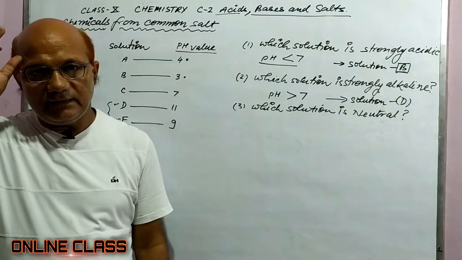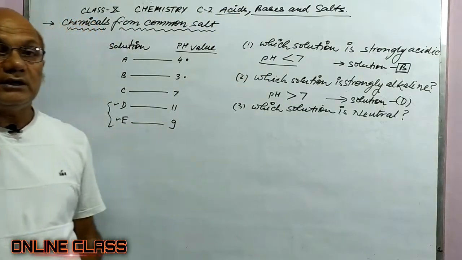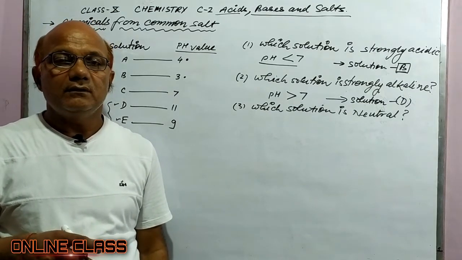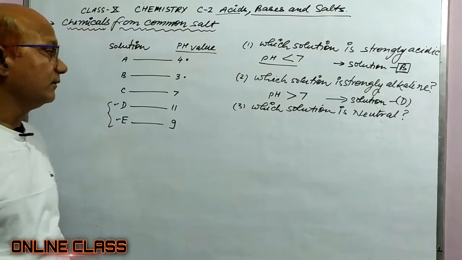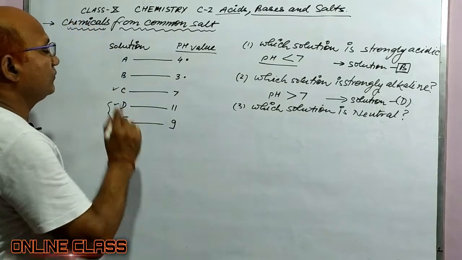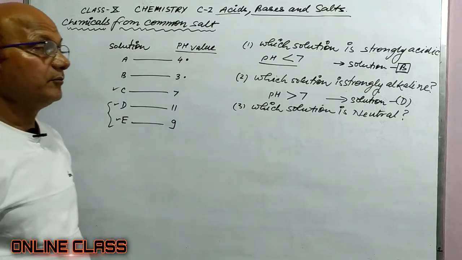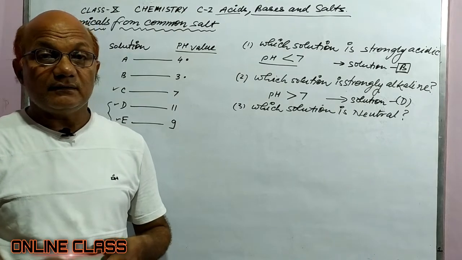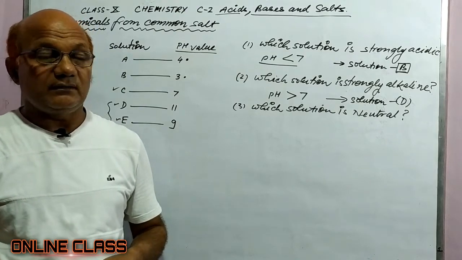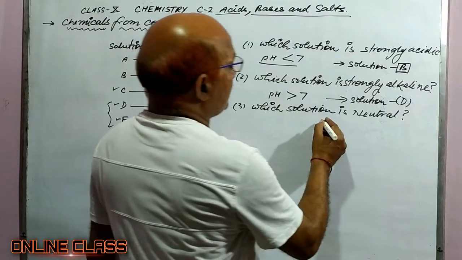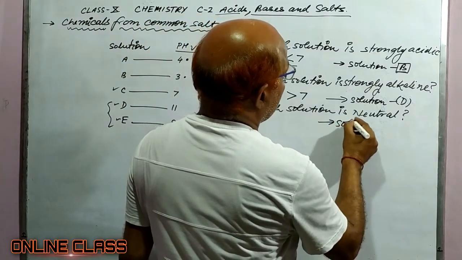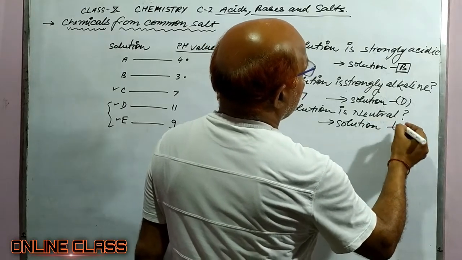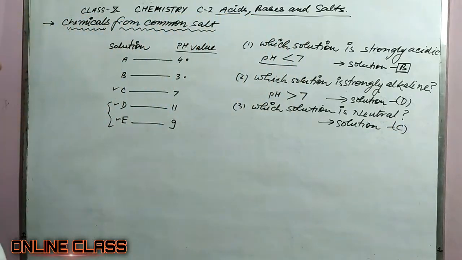So, this is very easy. As you know, the solution is neutral if it has pH value 7. Okay. So, you can see this solution has pH value 7, because if any solution has pH value 7, that solution will be neutral. So, the answer is solution C. This solution is neutral.